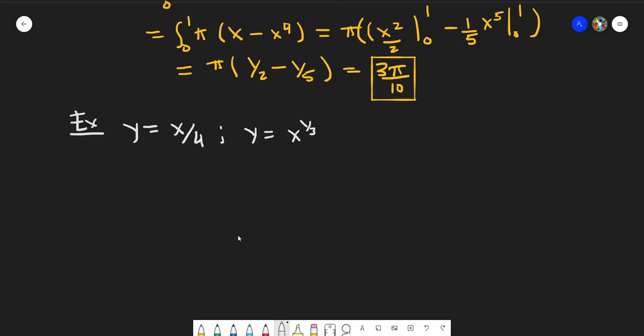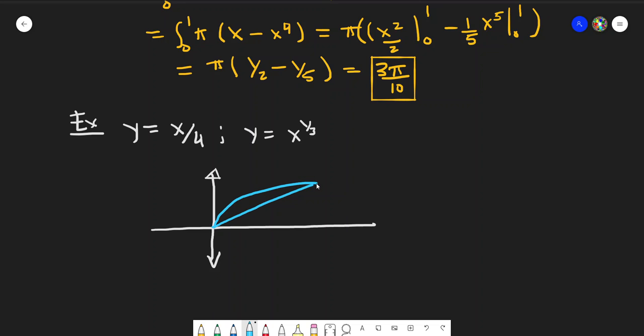Now, this is going to look something like this. We know that x over 4 is a line, and then the cube root of x looks something like this.